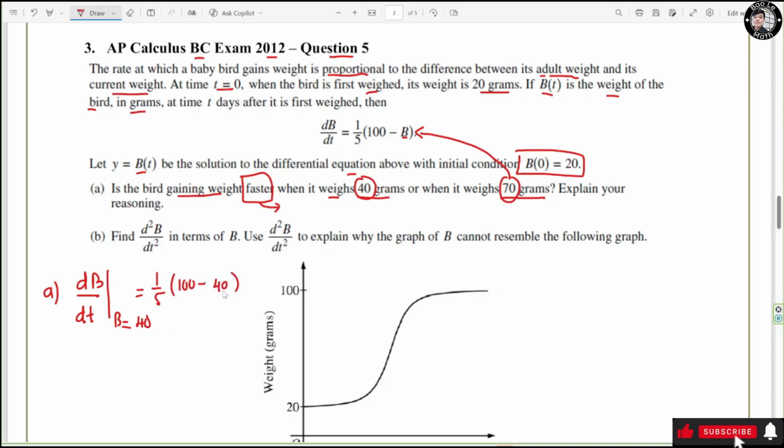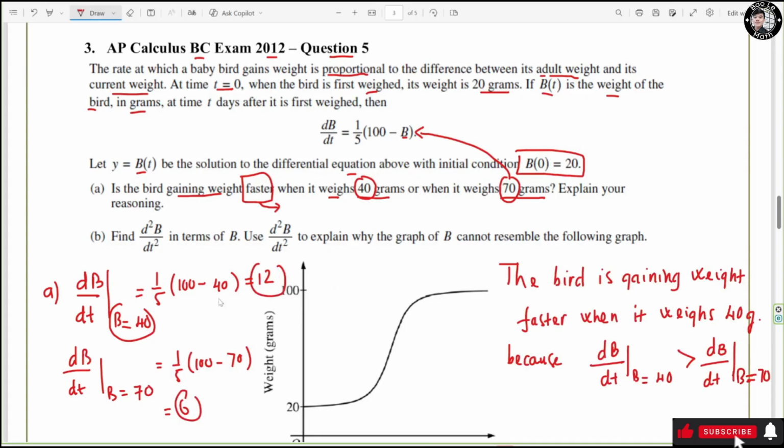So 100 minus 40 is 60, divided by 5 is going to be 12. dB over dt when B equals 70 is going to be 1 over 5 times 100 minus 70, so it's going to be 6. So you can conclude that the bird is gaining weight faster when its weight is 40 grams, because 12 is greater than 6.